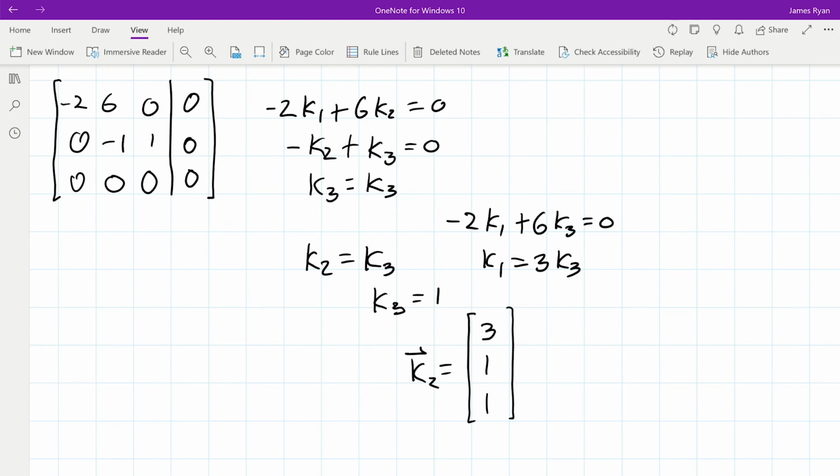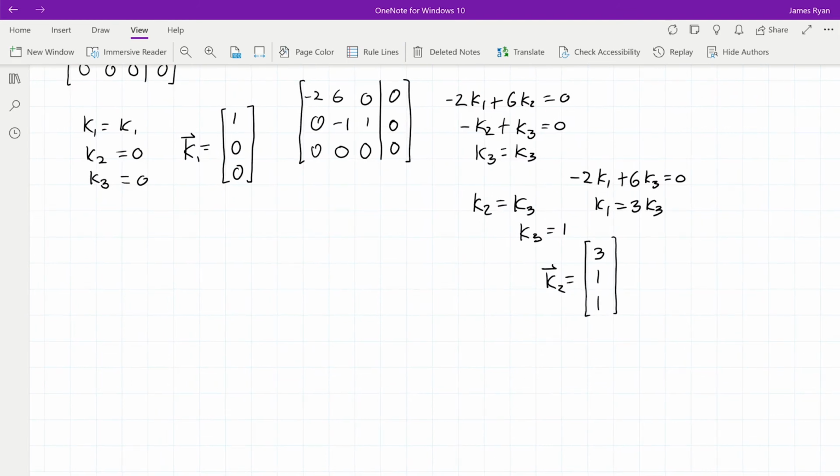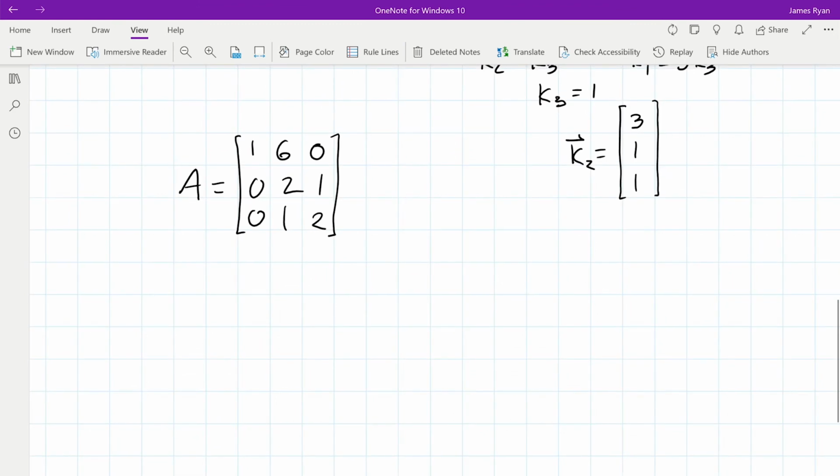So if we summarize everything at the bottom, A is 1, 6, 0, 0, 2, 1, 0, 1, 2. The eigenvalues are lambda 1 equals 1, lambda 2 equals 3, and we only have two eigenvalues, so we could mark this one as of multiplicity 2.